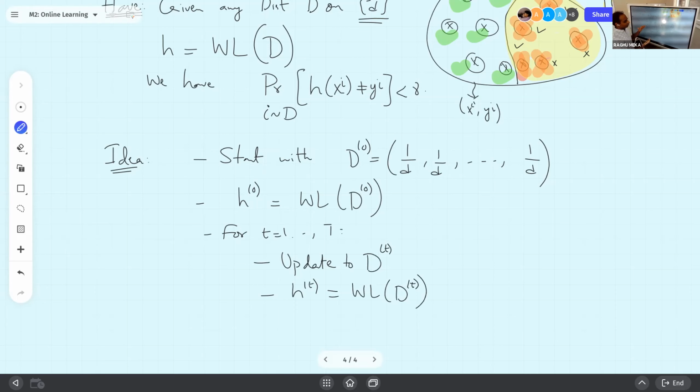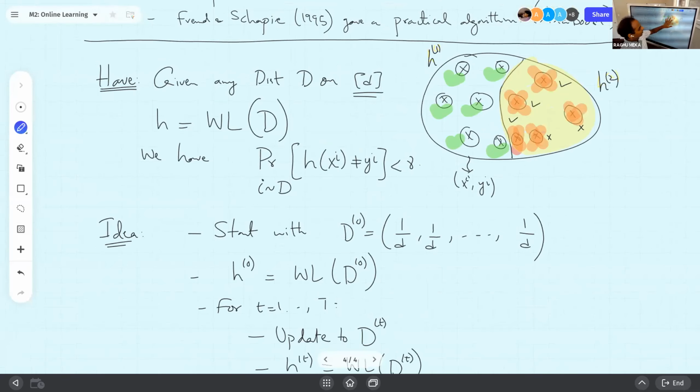Okay, so this is the template. Maybe I just completely throw out the things that I was right on, and my next query is only on the things that I was wrong on. That would be one way to focus. But then you might run into problems that H2 doesn't have much accuracy or any information on the green samples. So maybe there's a middle ground you can choose, right?